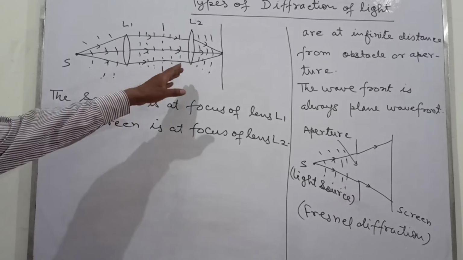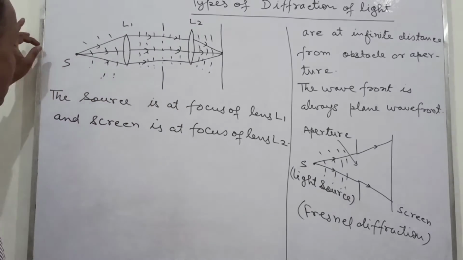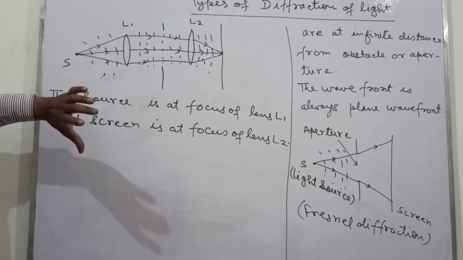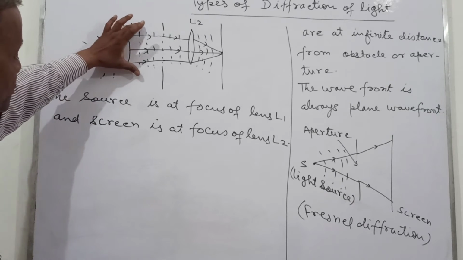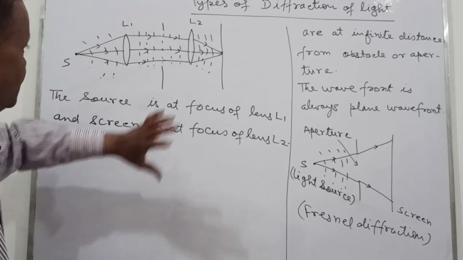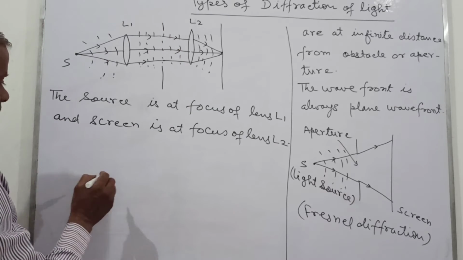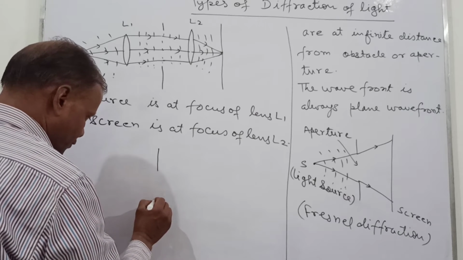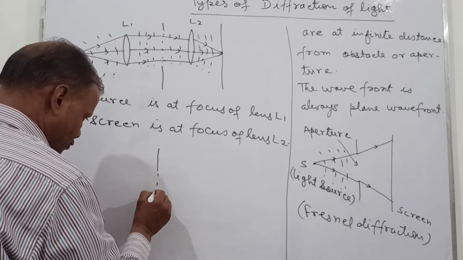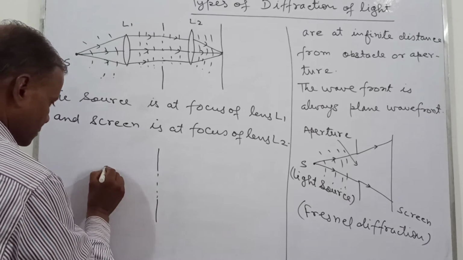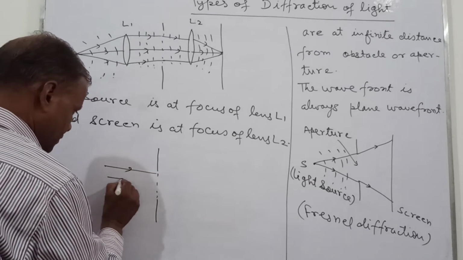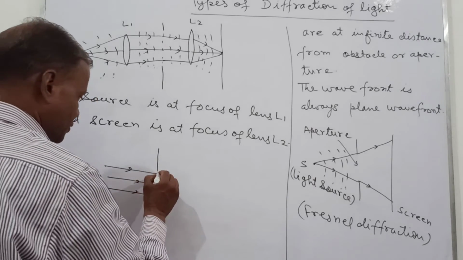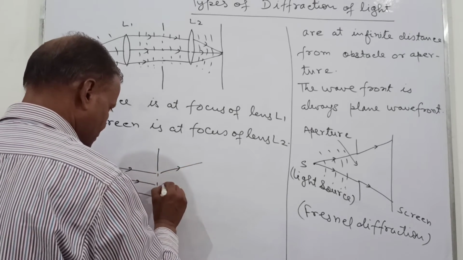So in this way, the wavefront coming from the light source is spherical, but after refraction it becomes simply a plane wavefront. Or we can show it very easily like this: if we have this light source, then these are the incident light waves, and they will be diffracted like this.